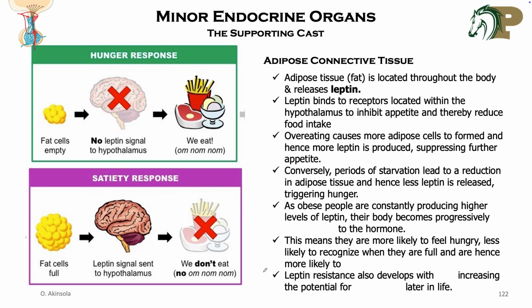As obese people are constantly producing higher levels of leptin, their body becomes progressively desensitized to the hormone. That means that they are more likely to feel hungry, less likely to recognize when they are full, and hence more likely to overeat. Okay, so leptin can be pretty dangerous. Leptin resistance also develops with age, increasing the potential for weight gain later on in life.